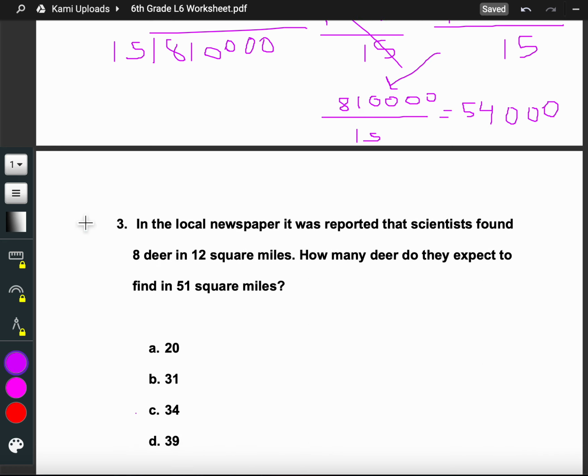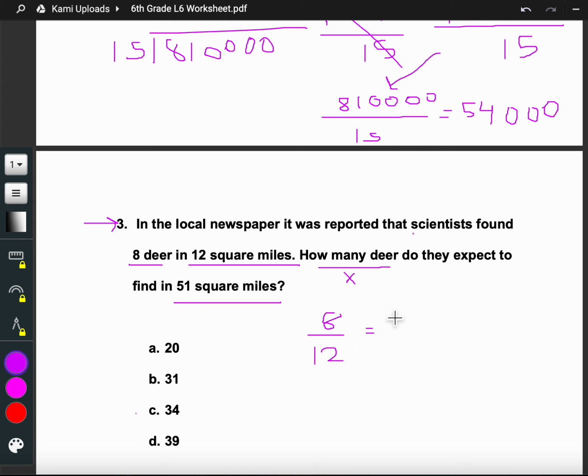So let's get number 3. In the local newspaper, it was reported that scientists found 8 deer in 12 square miles. How many deer, which is X, do they expect to find in 51 square miles? So they found 8 deer in 12 square miles.